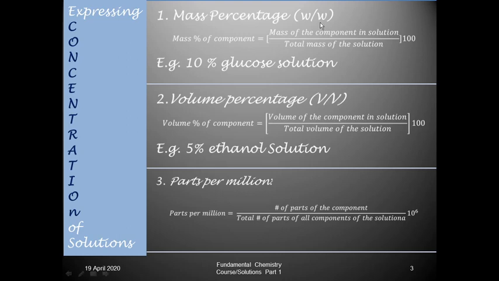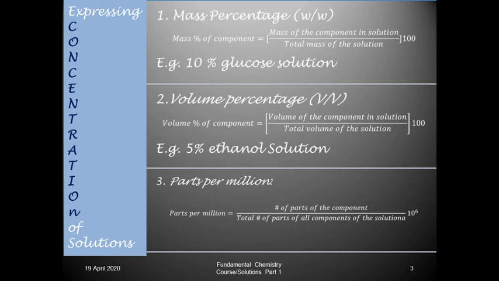How to find out the mass percent of a solute or any component in a given binary solution? It's very easy. Mass percent of the component which you are looking for is equal to the mass of that component in solution divided by the total mass of the solution. What do you mean by total mass of the solution? Total mass of the solution is the mass of solvent plus the mass of solute.